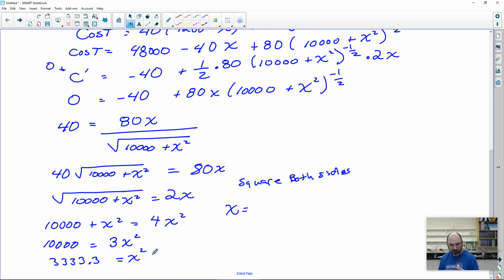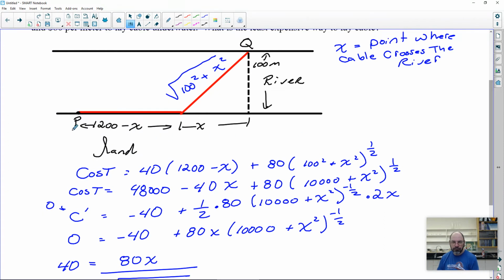Okay, so we're going to square root that. And I get 57.7 meters. So that means that we have to go 1,200 minus 57.7. So we have to go 1,142.3 meters down the river, and then cross the river.